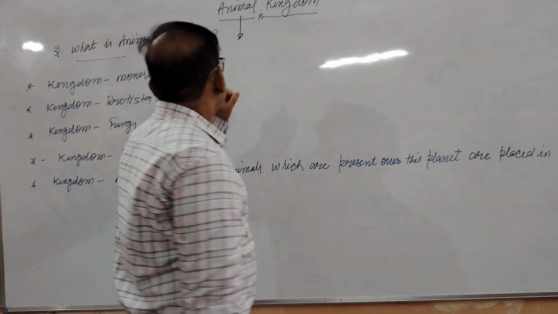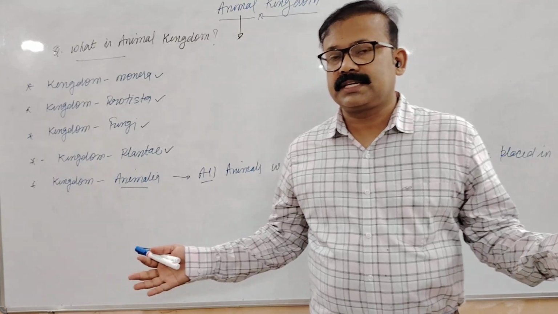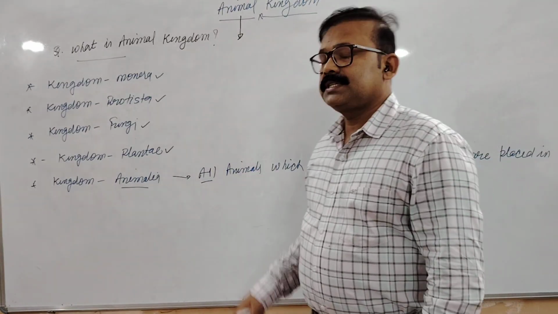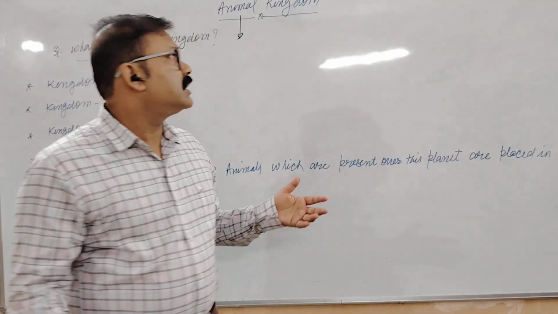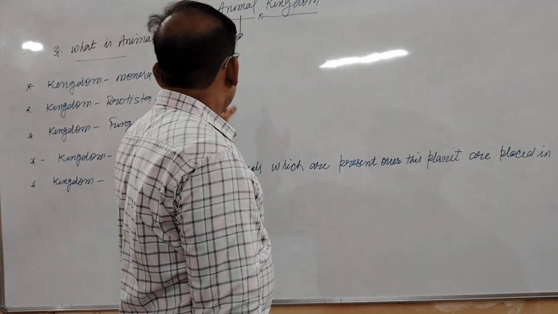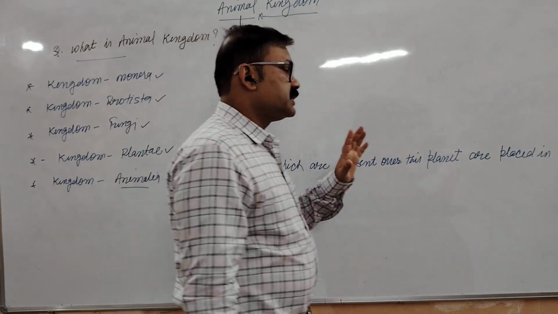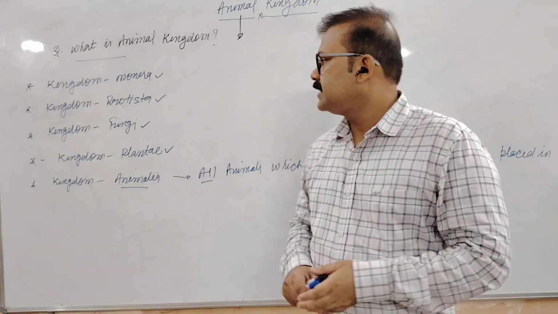You may raise the question, what is the animal kingdom? Before starting this chapter, what is the name of the chapter? Animal Kingdom. There may be a question in our mind, sir, what is this animal kingdom? So I told you that all the animals which are present over this planet collectively form the animal kingdom. Fine.